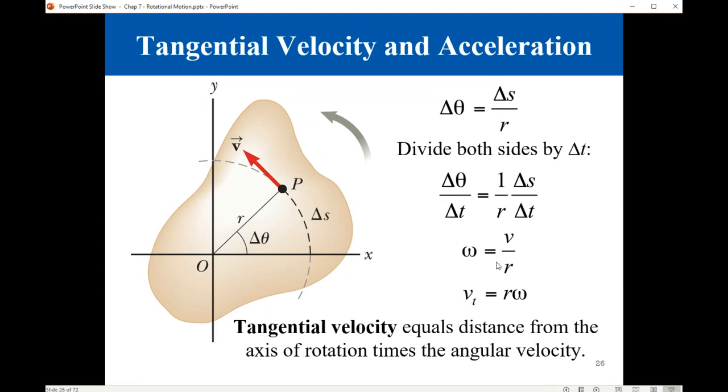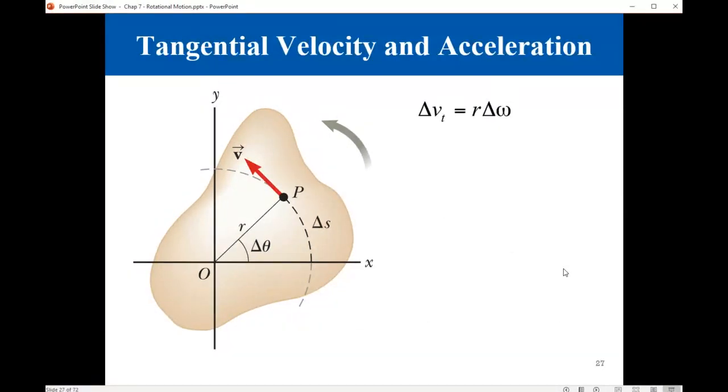Okay? So we are dealing with angular velocity and tangential velocity. omega equals V over R, or V equals omega multiplied by R. Now to the acceleration.